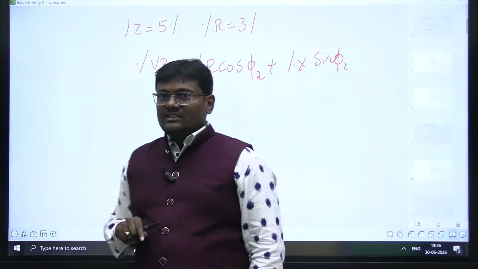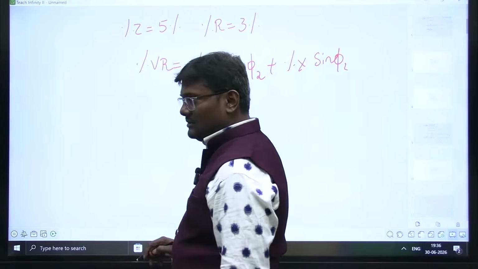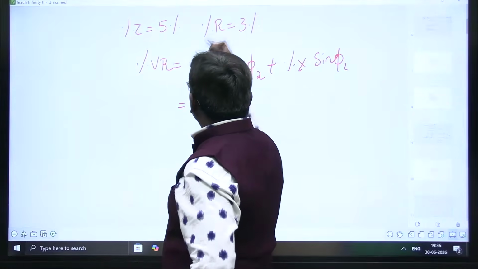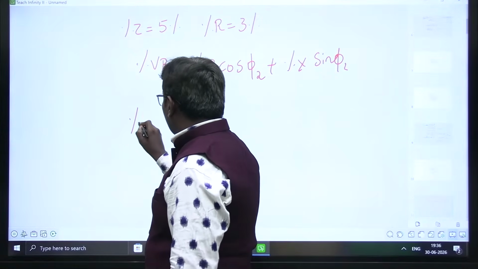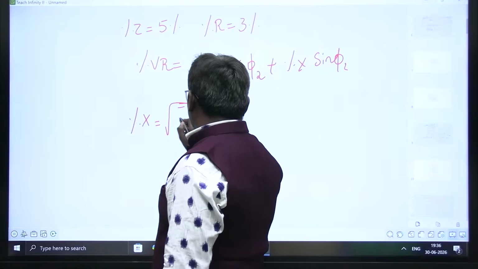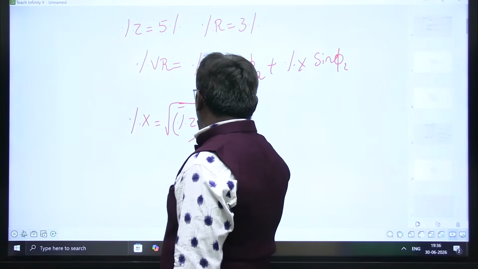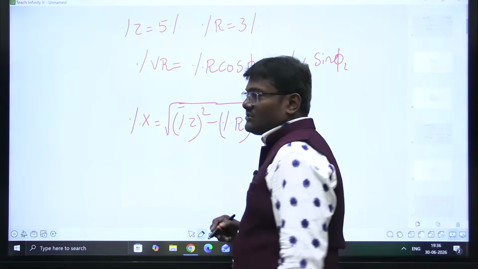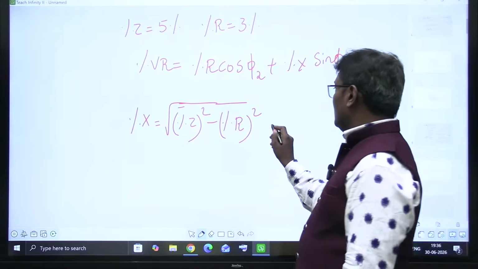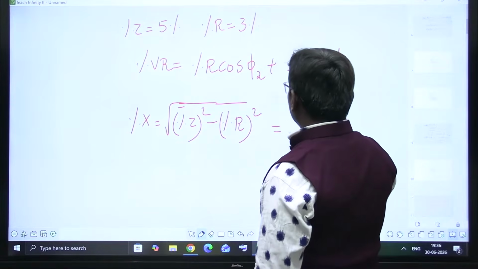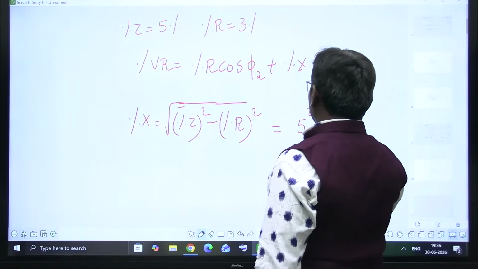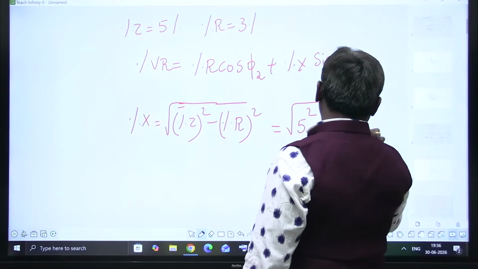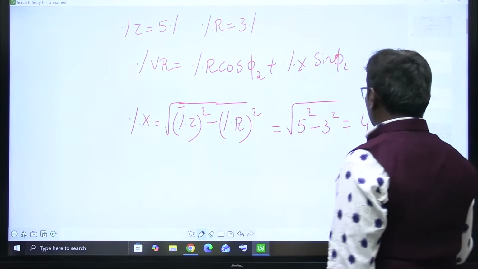So you should find out the percentage X. Percentage X is equal to under root of percentage impedance square minus percentage R square, because Z square is equal to R square plus X square. So 5 square minus 3 square, so obviously it is equal to 4.